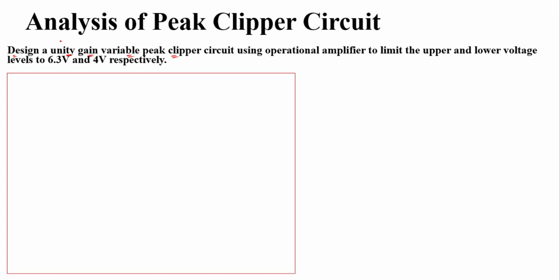The important things to note here are that the gain of the amplifier should be unity, that is equal to 1, and the peak clipper circuit should be designed using operational amplifiers, and assume the upper and lower limits of the voltage are 6.3 volt and 4 volt respectively. So V max is 6.3 and V min is 4 volt.